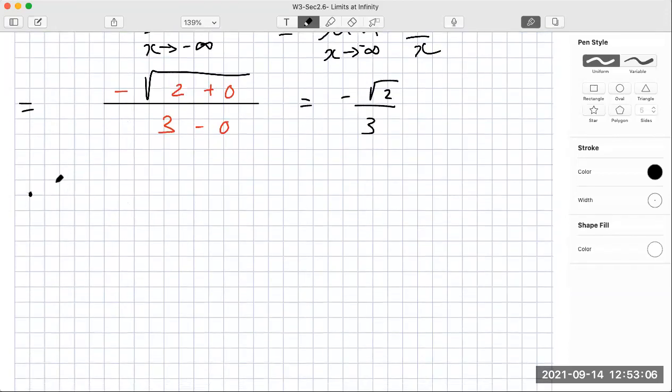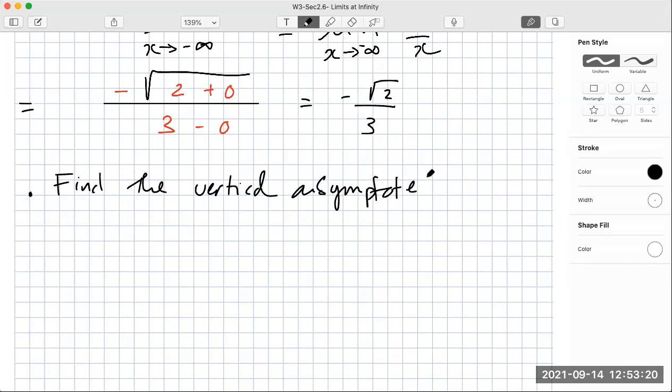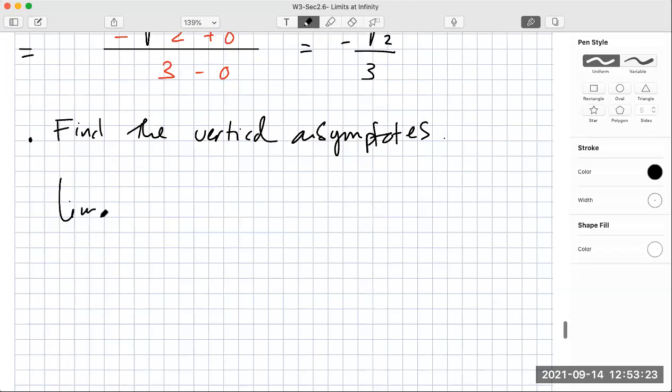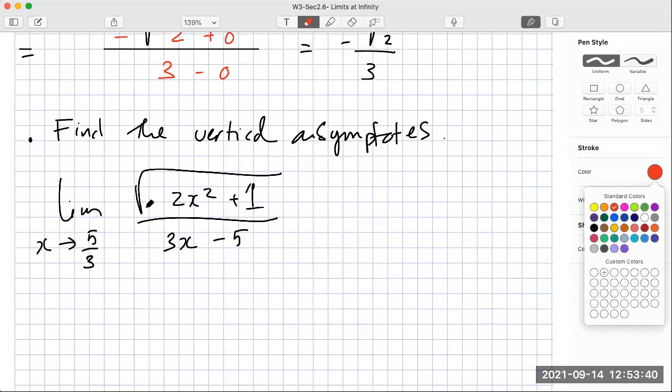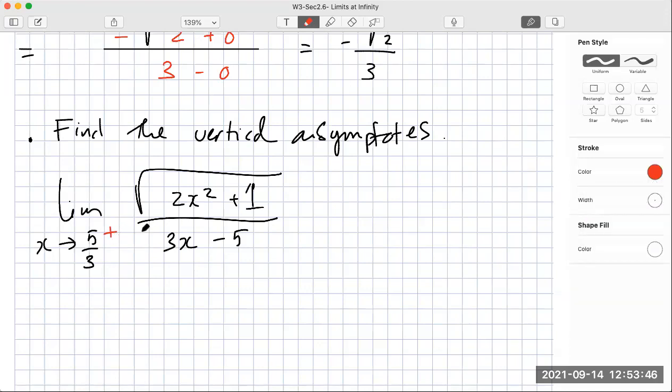Let us find the vertical asymptotes, by computing first the limit of this function, 2x squared plus 1 over 3x minus 5, as x approaches 5 over 3. From which side do you want? Right. Sorry, the right, then okay, plus.